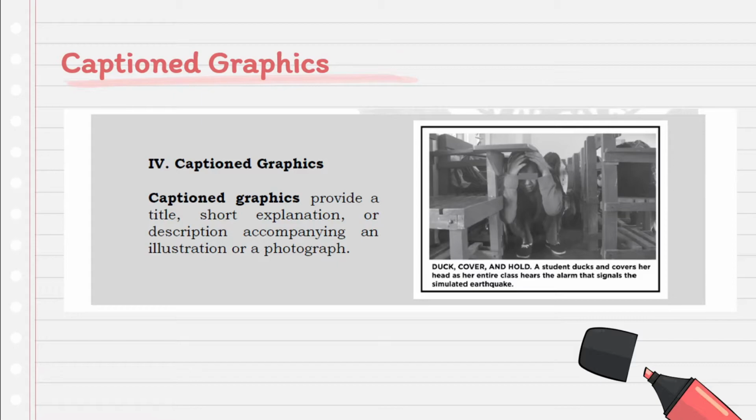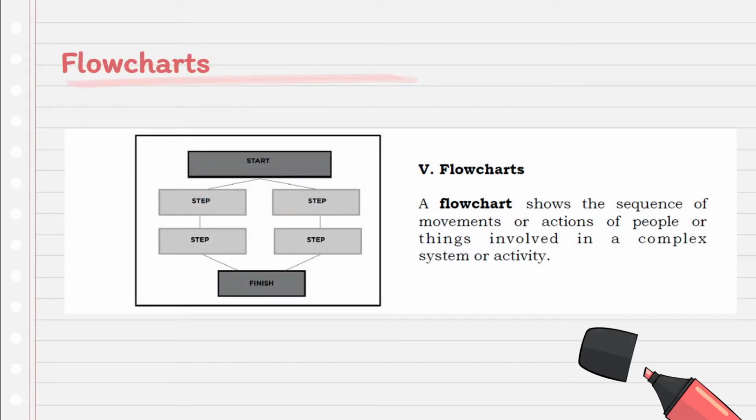Captioned graphics. Captioned graphics provide a title, short explanation, or description accompanying an illustration or a photograph. 5. We have the flowcharts. A flowchart shows the sequence of movements or actions of people or things involved in a complex system or activity.